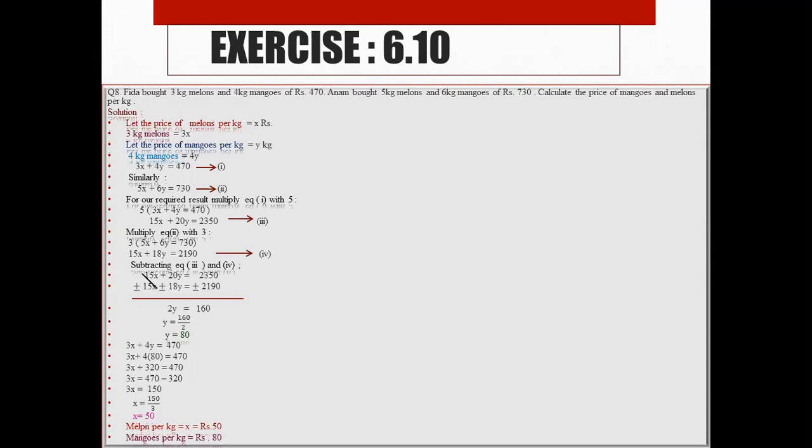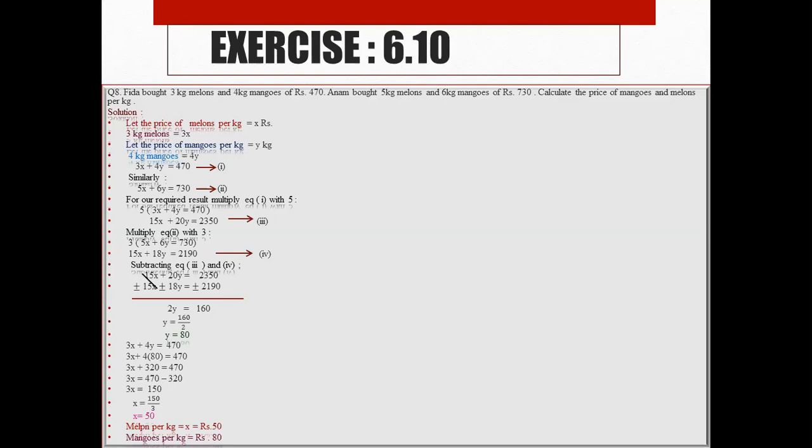Two quantities, melons and mangoes, and again two conditions, 3 kg, 4 kg and 5 kg and 6 kg. So first we suppose what will be the melons and what are mangoes. The price of melons per kg is x rupees, and we suppose that the price of mangoes per kg is y rupees.